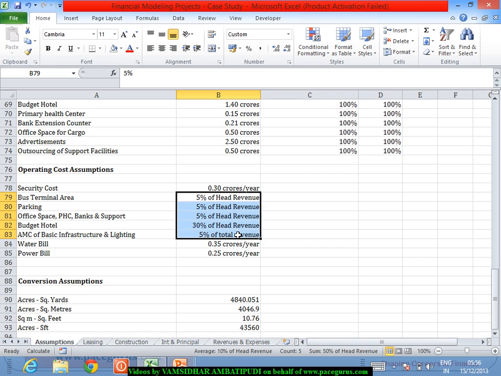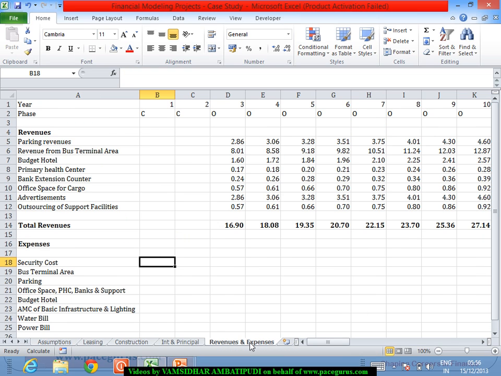But in some cases, we have taken the value in rupees, or in crores of rupees, wherein it's not linked with the revenue. In those cases, I will increment those costs at the rate of inflation itself. So this 0.3 crores, the same logic we have used here, I should replicate for those three elements also.